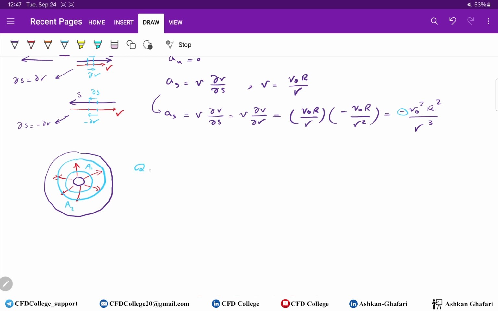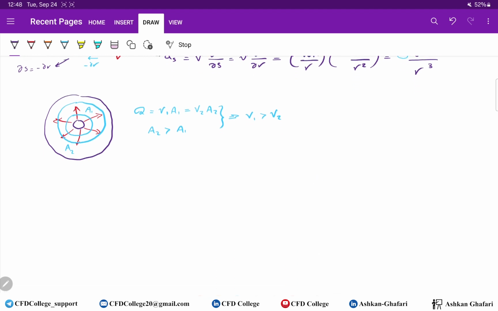As you know, Q equals V1 A1 equals V2 A2. Since A2 is greater than A1, and we have continuity, mass conservation, the flow rate should be constant. This means that V1 is greater than V2, it means that the acceleration should be negative. Okay, now let's get back to the problem.